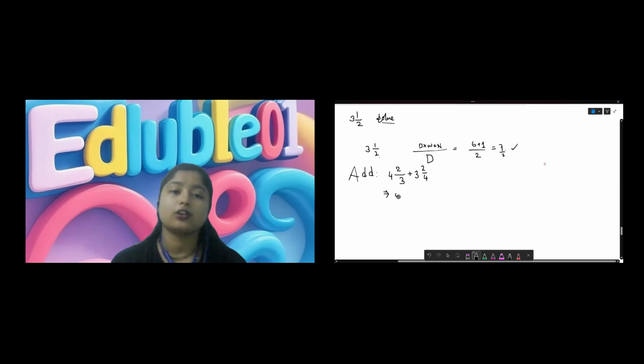So let's solve 4 2 over 3. We know the basic rule: the denominator times whole number plus the numerator. So denominator times whole number is 3 times 4, that's going to give you 12, plus numerator 2. So 12 plus 2 is going to give you 14, and the denominator will stay constant, so 14 over 3.